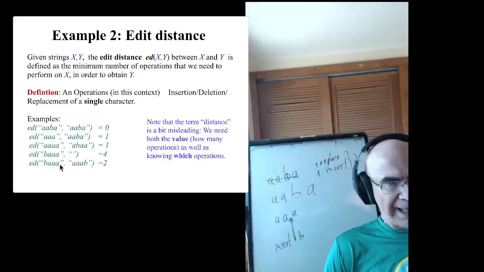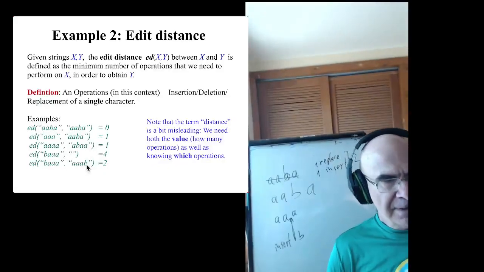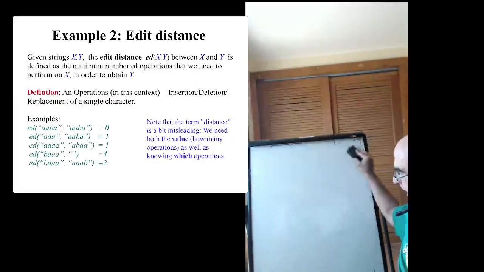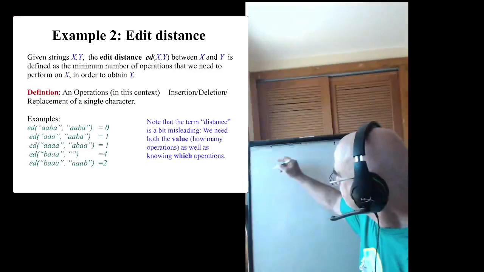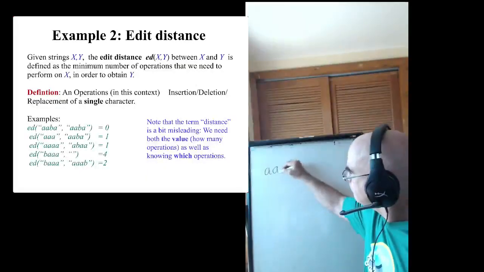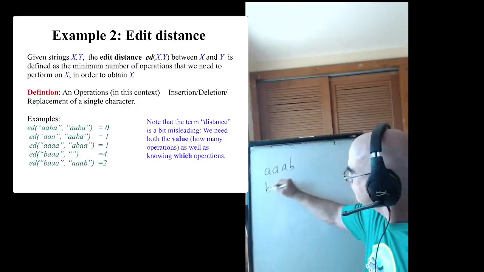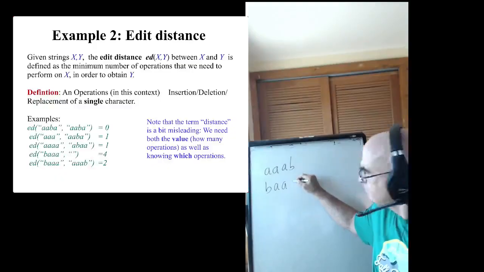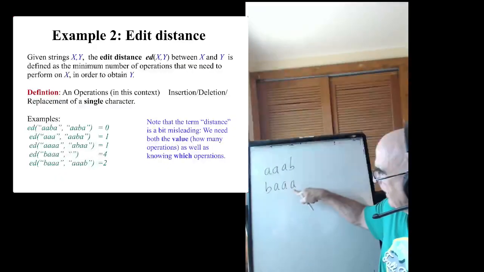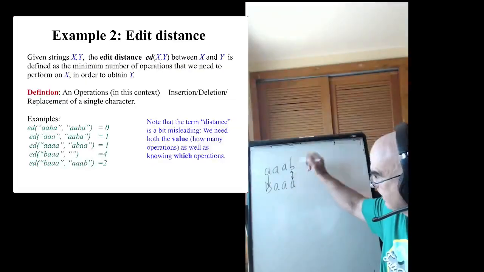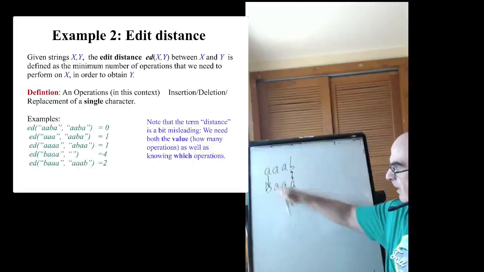What about BAAA? What's the distance to B? That's a case where you can get to it in different ways. Presumably, I can replace this character and replace this character, so two replacements.